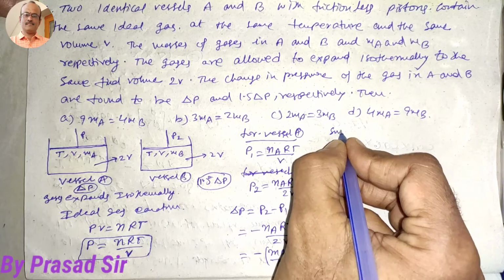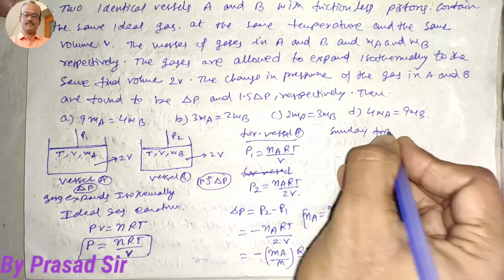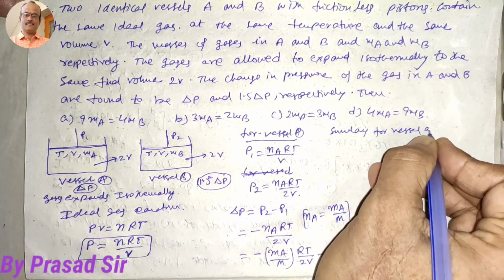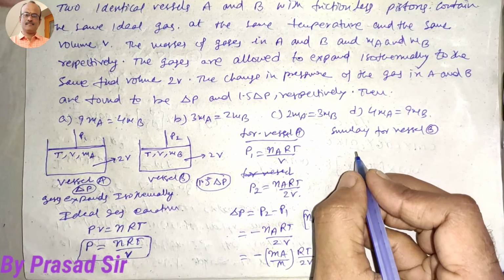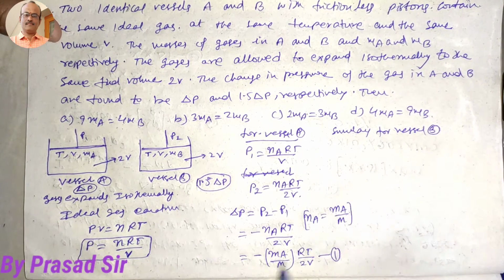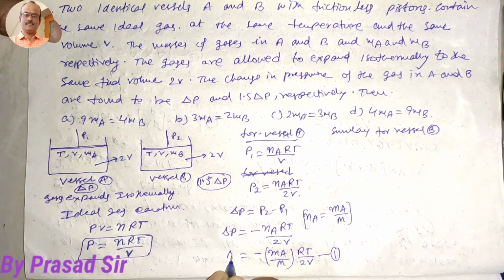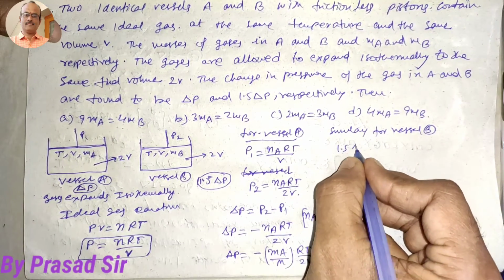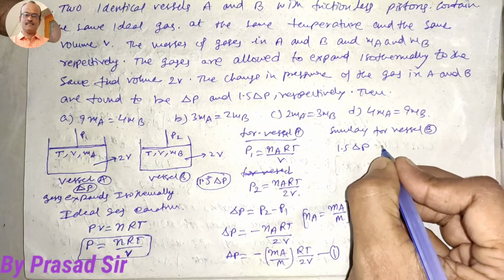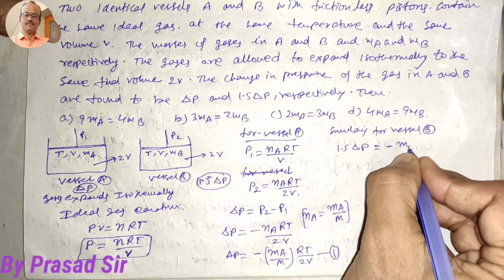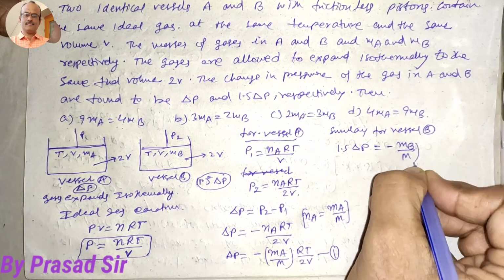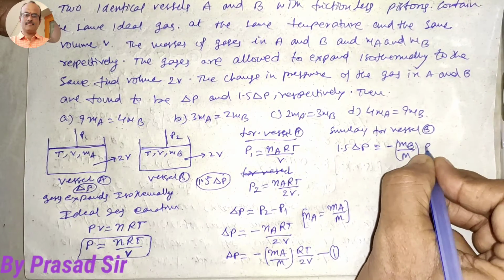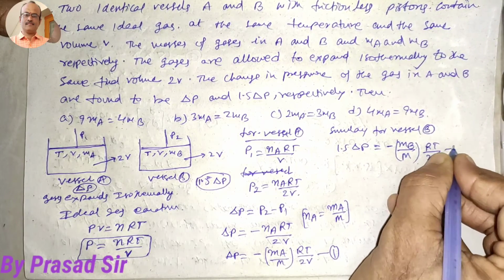Similarly for vessel B, the pressure change is 1.5 delta P, which is equal to minus mass of B divided by molecular weight into RT divided by 2V.